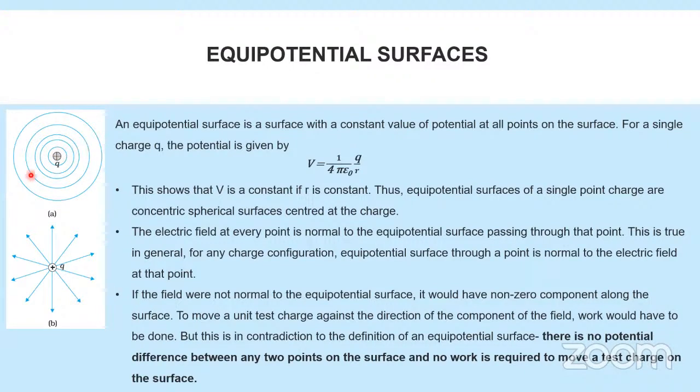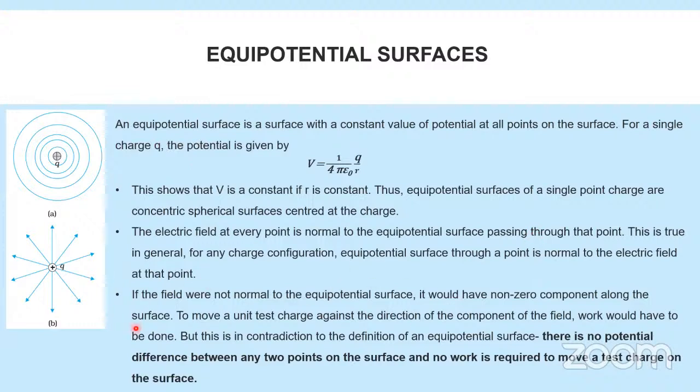We know that the electric field is going to be radially outwards, and since it is radially outwards, the electric field is perpendicular or normal to the equipotential surface. This is true for any charge configuration: the equipotential surface through a point is normal to the electric field. This is simply understood owing to the definitions of both electric field and equipotential surface.